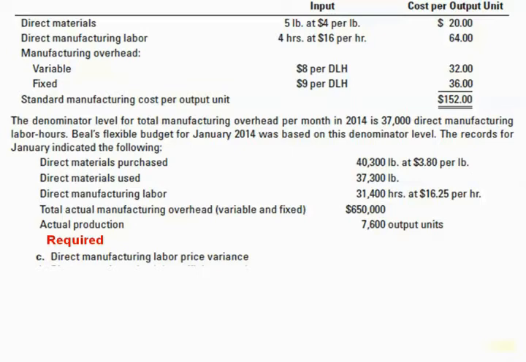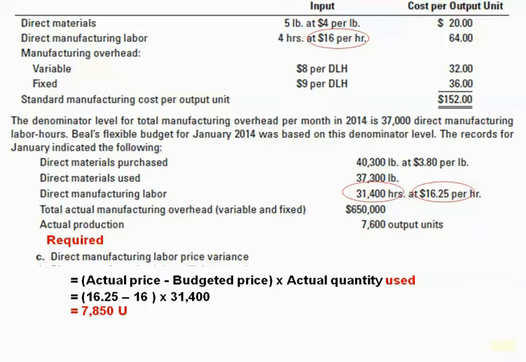Third requirement: calculate direct manufacturing labor price variance. Price variance equals actual price minus budgeted price, all multiplied by actual quantity used. Actual price for labor is $16.25 per hour minus budgeted price given as $16 per hour, multiplied by actual quantity used.